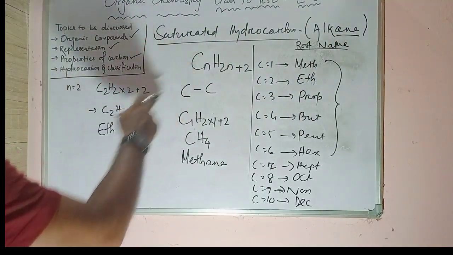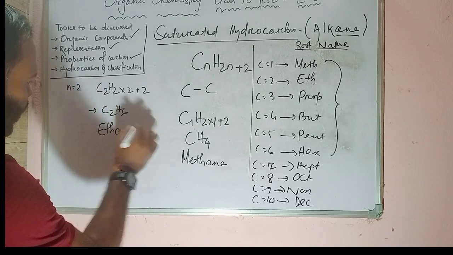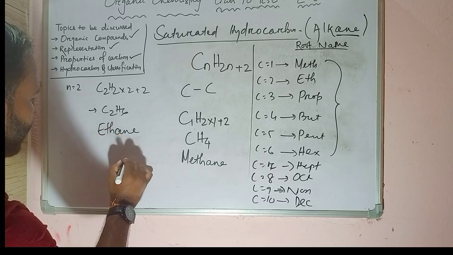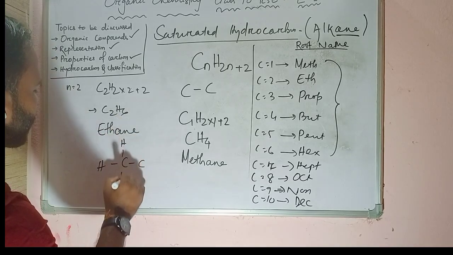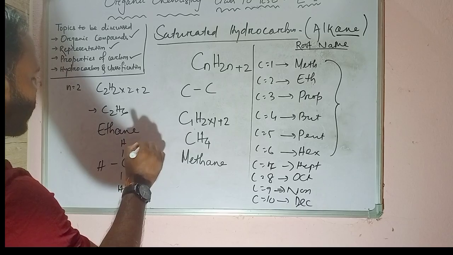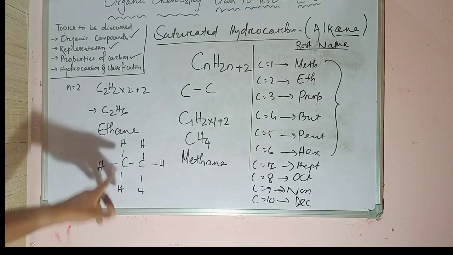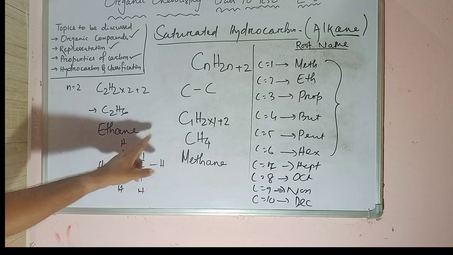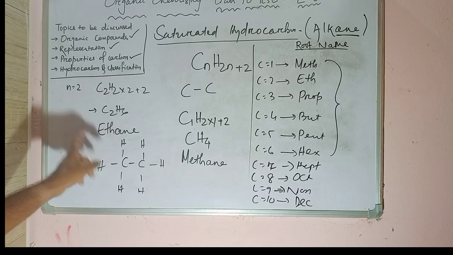When you write this in structural form, it will become carbon with hydrogen, hydrogen, hydrogen, again hydrogen, hydrogen and hydrogen. You see, between carbon and carbon a single bond is present, and 3 plus 3 is 6, so C2H6, so it is ethane.